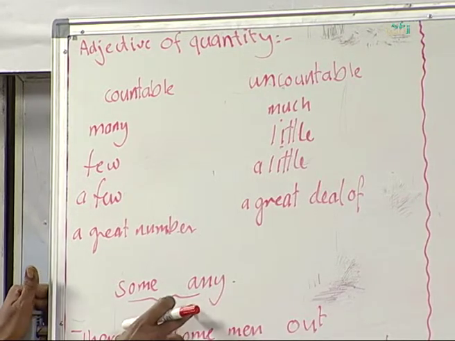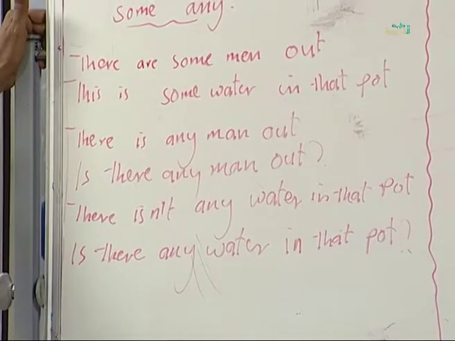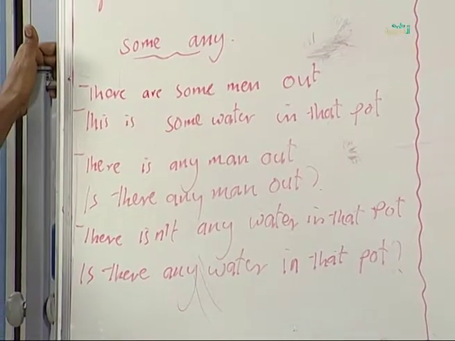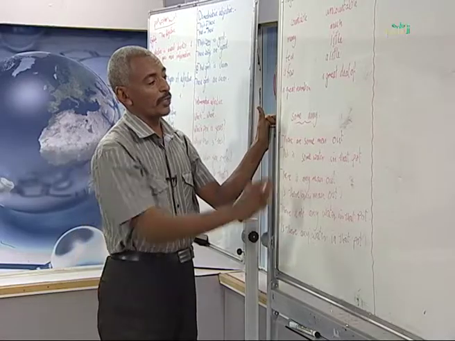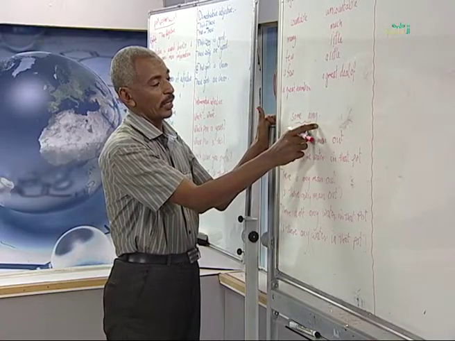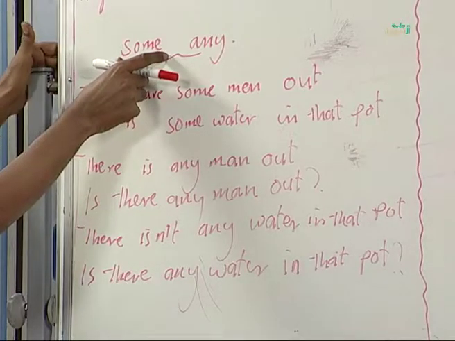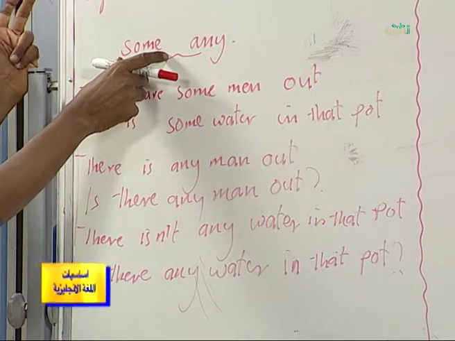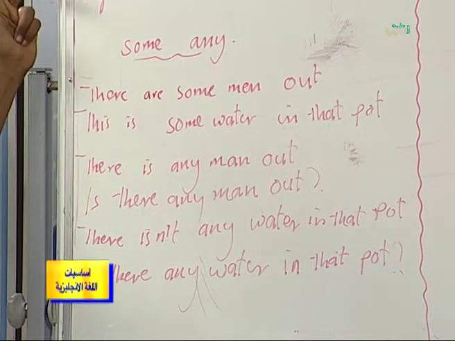Here we have, for example, some and any. Both of them are adjectives of quantity. But the difference between some and any is that some is used for countable or uncountable nouns.